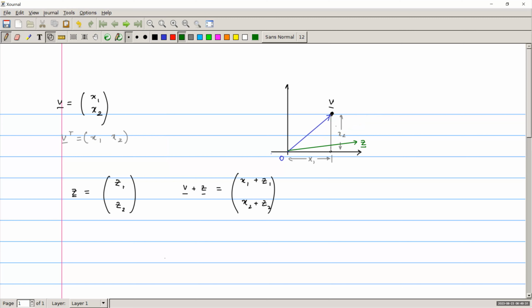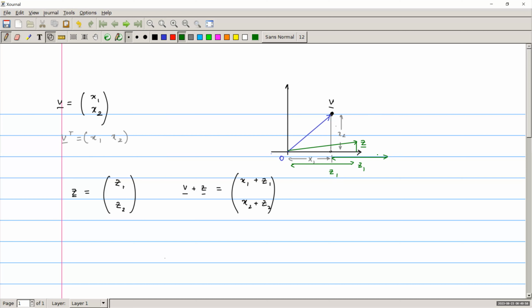Essentially, in the x coordinate, this whole distance is z1. So what you want to do is to move z1 here, the same distance.